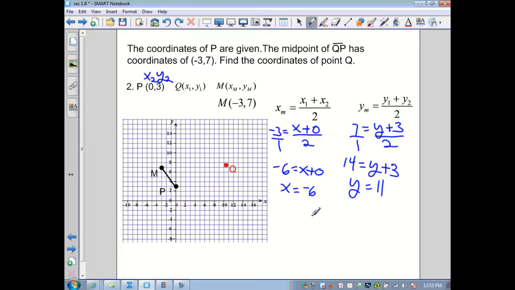Therefore, the ordered pair for my endpoint Q is going to be negative 6, 11. Now, all I have to do is move my point Q to that position, and we can complete the segment. Here's negative 6, and then up 11. Then I know that QM is congruent to MP.